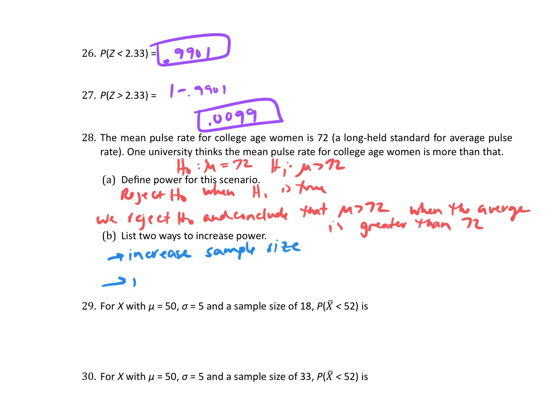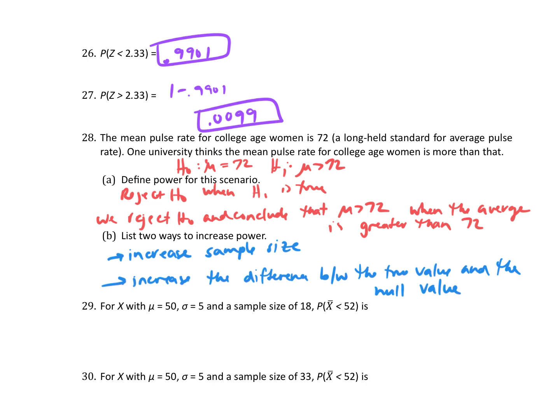The other is to increase the difference between the true value and the null value. In other words, if for this scenario I had gotten my value as 73 and the null is 72, they're not very close.